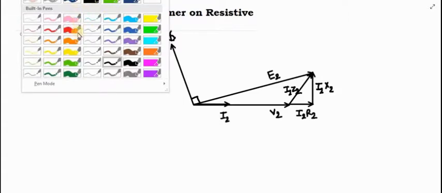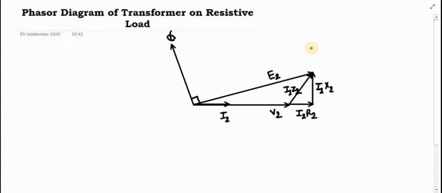On the primary side, first of all I will show E1. E1 is in phase with E2. So this is your E1.